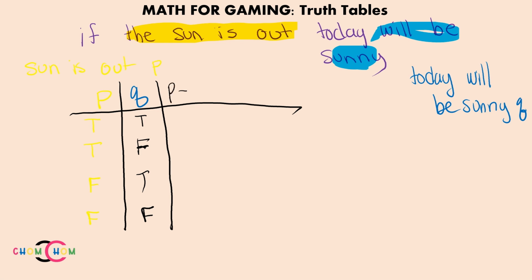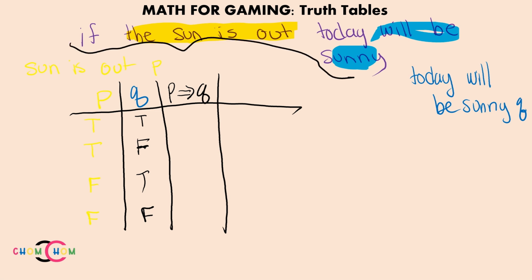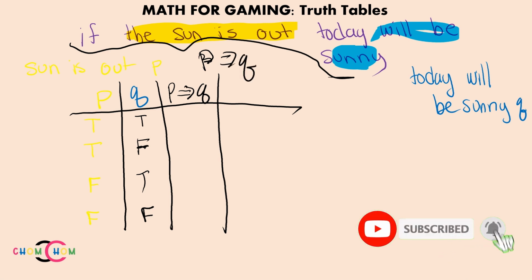So then we have P and then Q. So this might look a little weird, and you'll be like, what does this mean? P and then Q is our entire statement. This just means our statement.